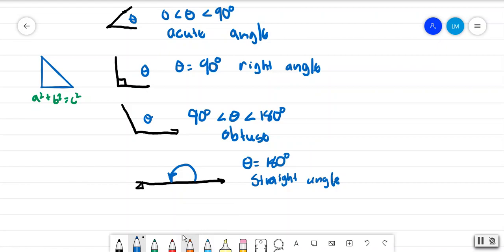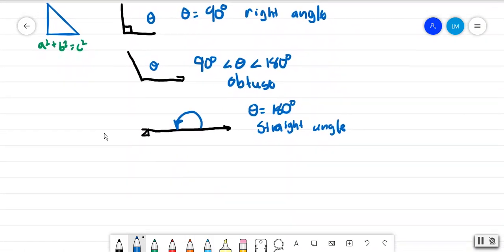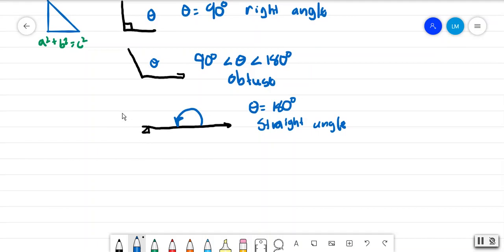Now, we might see some of these straight angles because, let me see if I can draw a circle. Okay. If you have a straight angle, that means the angle measure just went kind of like so, where it formed a straight line, or 180 degrees.